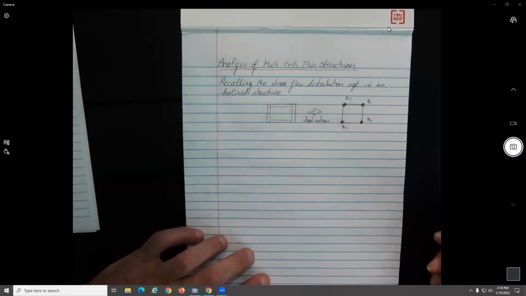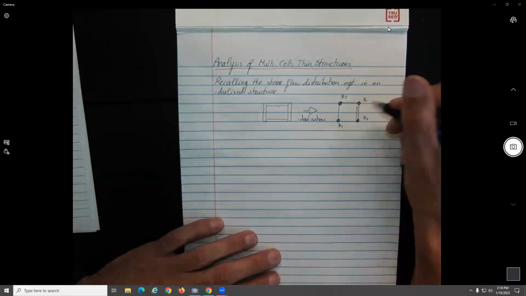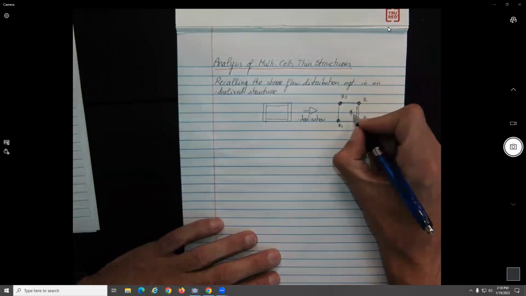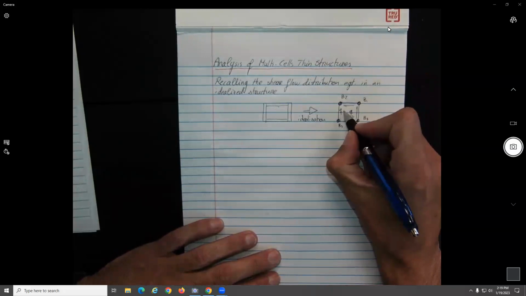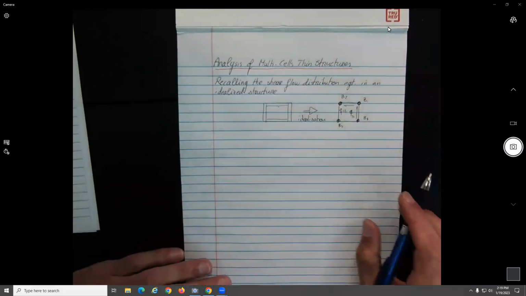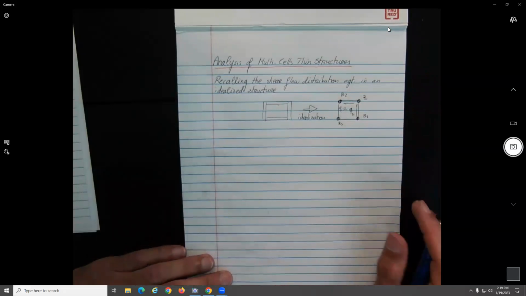Okay? Let's say the shears would be the Q over here, Q1, Q12 if you want. So this is the idealization. I'm sure you have done this, no? Okay, but for open sections.